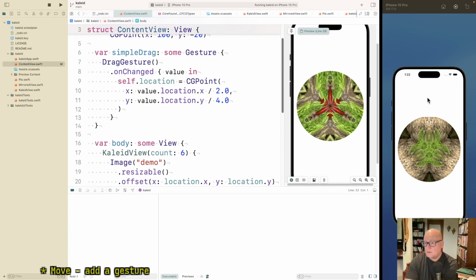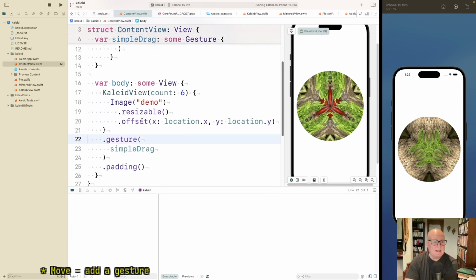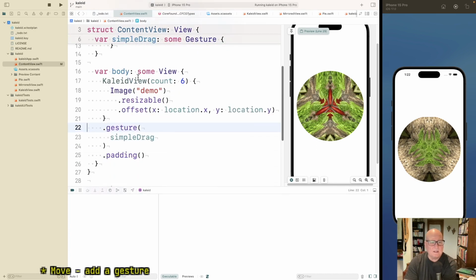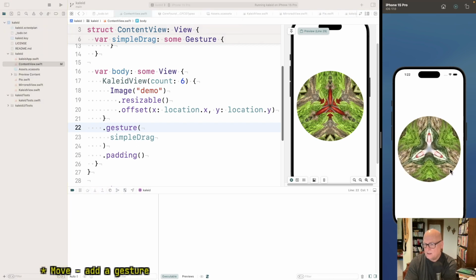Yeah, I mean, I thought the drag. Well, the thing is, we've attached it to the kaleidoscope view, so that seems weird to me because I would have thought the kaleidoscope view was the circle, and that dragging inside there. I mean, that definitely gives me something.